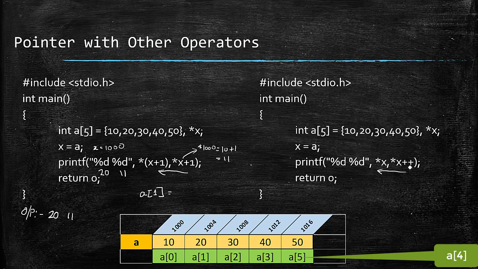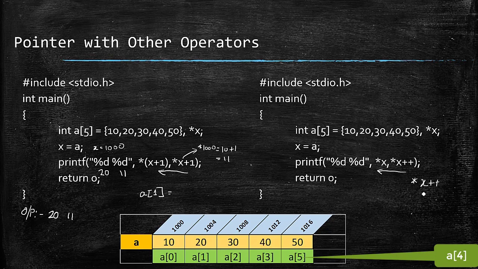Concentrate on the term *x++. What will happen over here? You can see there are two operators. One is the asterisk and the other one is the post-increment operator. As we know, post-increment has higher precedence than the asterisk operator, that is the value-at-address operator.